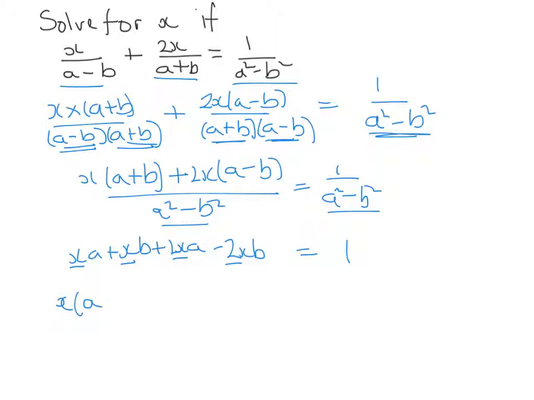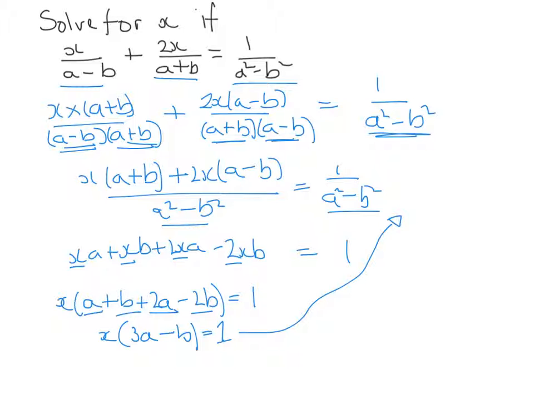So I'll have x times a plus b plus 2a minus 2b. Now let's see. A plus 2a is 3a, and b minus 2b is minus b. Now if I divide on both sides by 3a minus b, that will cancel out there.